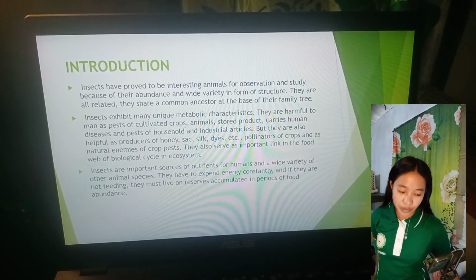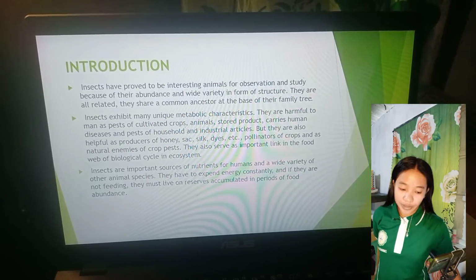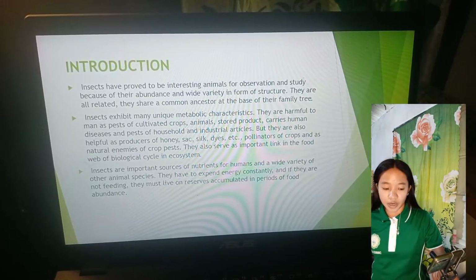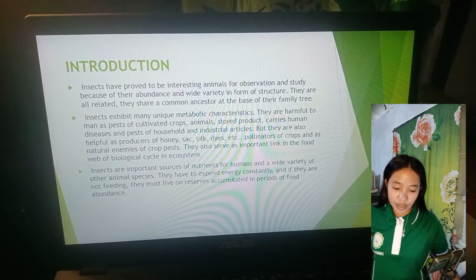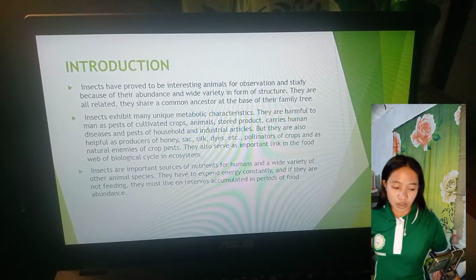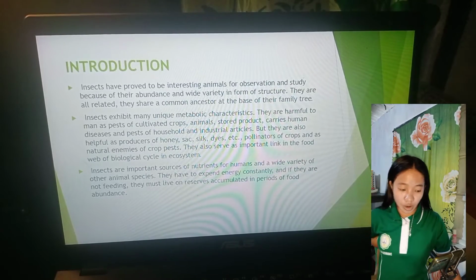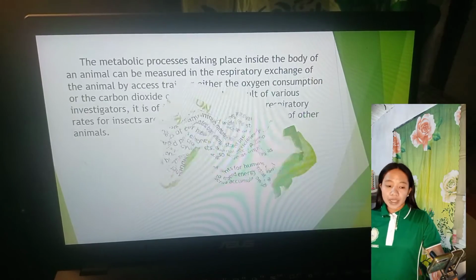Insects are important sources of nutrients for humans and a variety of other animal species. They also expend energy constantly, and if they are not feeding, they must live on reserves accumulated in periods of food abundance.